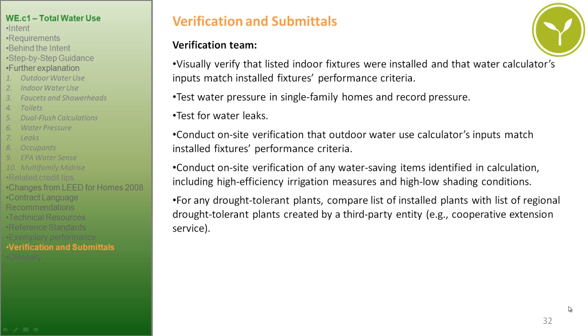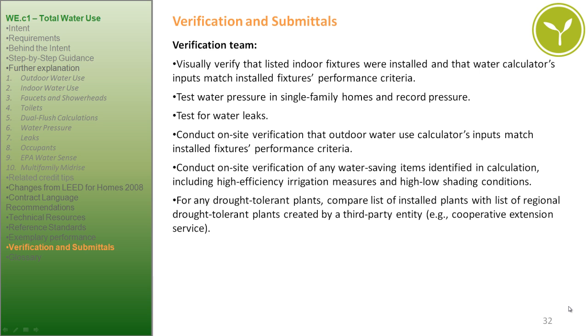Verification Team: Visually verify that listed indoor fixtures were installed and that water calculator's inputs match installed fixtures' performance criteria. Test water pressure in single-family homes and record pressure. Test for water leaks. Conduct on-site verification that outdoor water use calculators' inputs match installed fixtures' performance criteria.